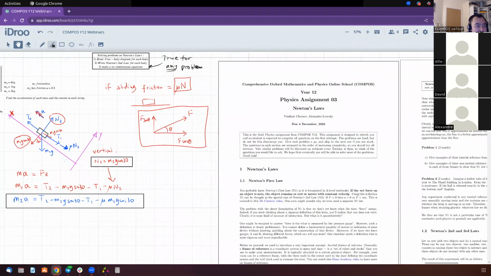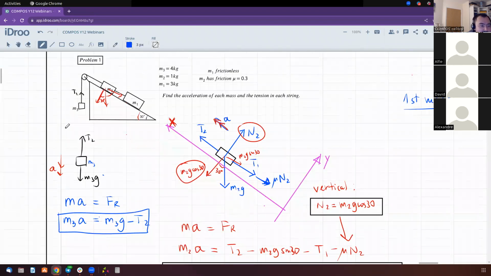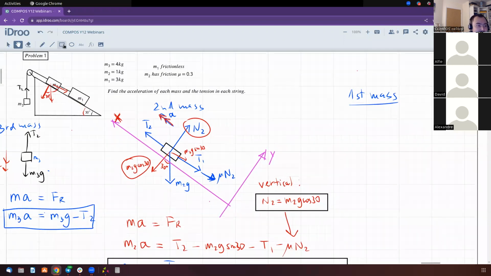Now we write down Newton's second law for the third mass. And it's the same principle, third mass. Oh, sorry, first mass. First mass. This is the second mass. This is the third mass. This is the first mass. But the first mass is going to be slightly easier.